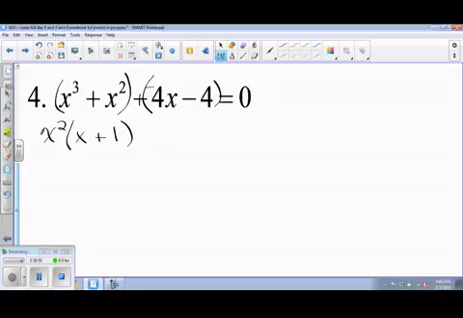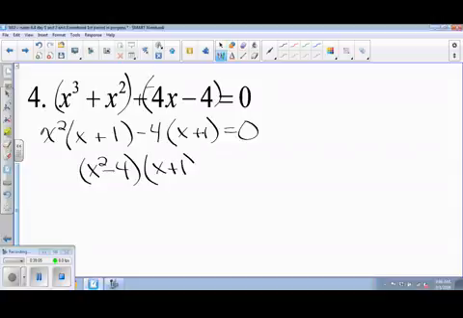In my next group it's negative 4, x plus 1, equals 0. So my 2 factors are x squared minus 4 times x plus 1 equals 0. Every step you need to write equals 0. If you don't, you're going to forget that you're solving.